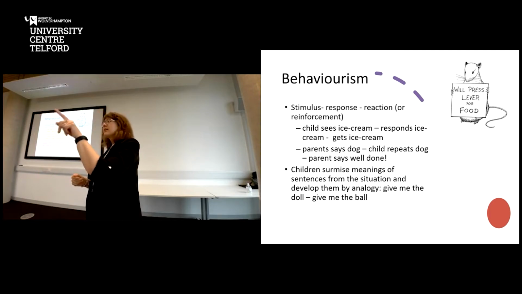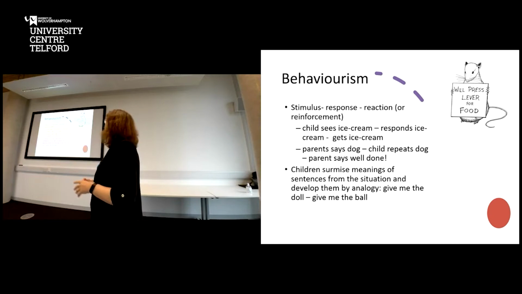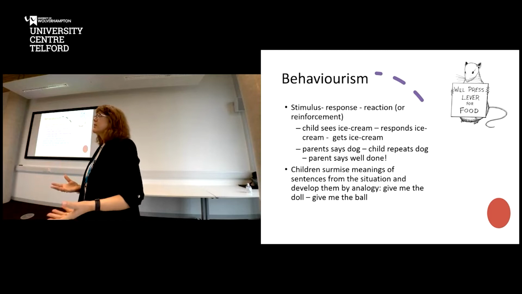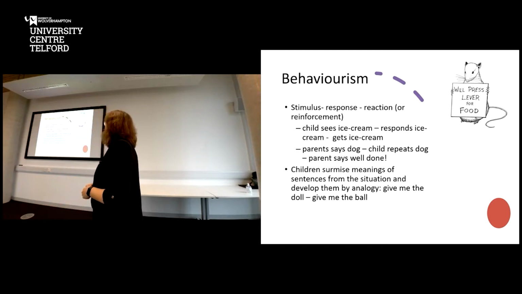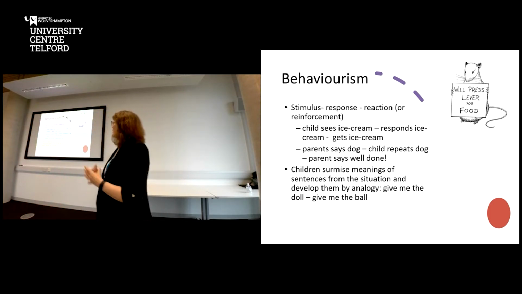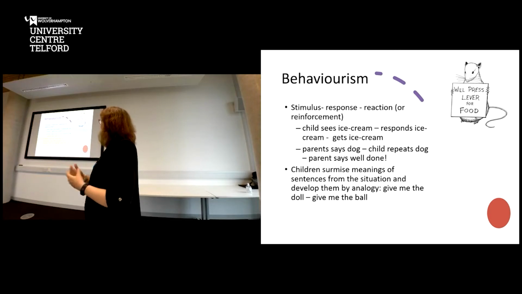So it's a kind of cyclical thing that if they don't say ice cream, or they say something different from ice cream, they're not going to get the ice cream that they want. Similarly, parent says dog, the child repeats the word dog, they get a well done and a smile, then that's the reinforcement.